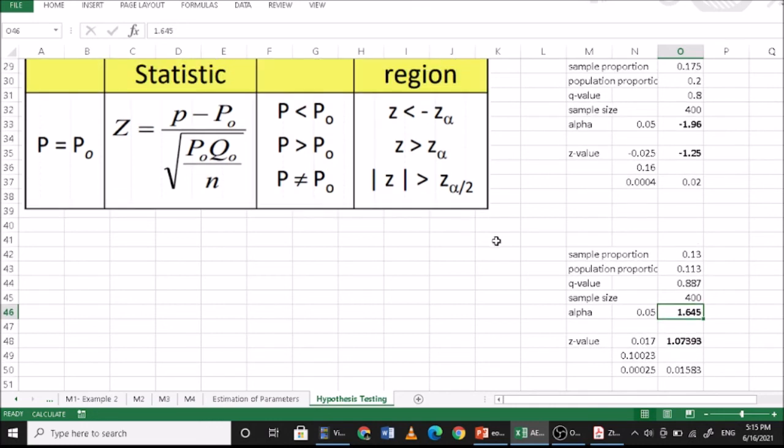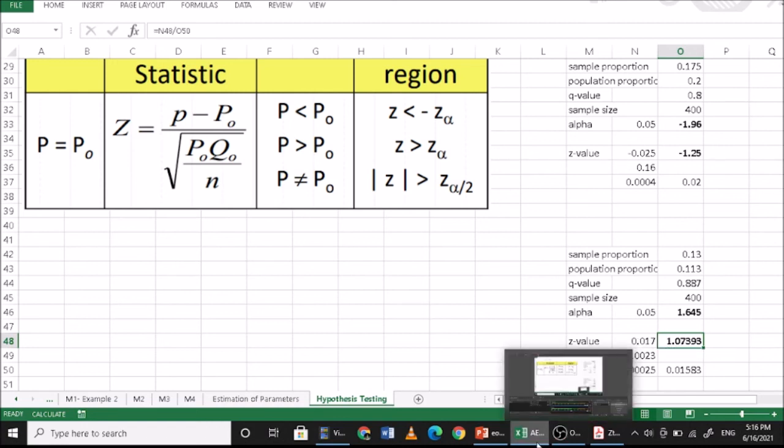So we also do not reject the null hypothesis. Because we will only reject the null hypothesis if your Z is greater than your Z alpha. But our Z alpha is 1.645 and our computed Z is 1.07. So we do not reject the null hypothesis. Okay?